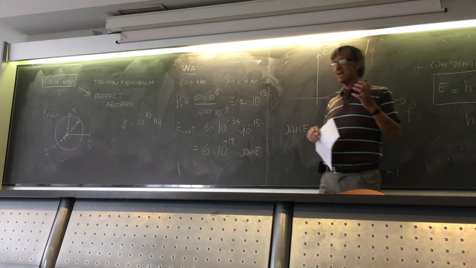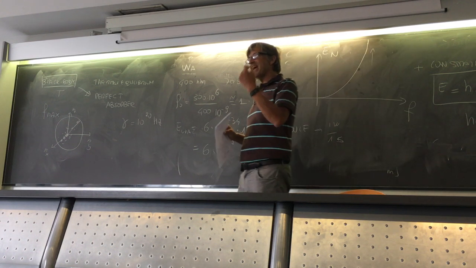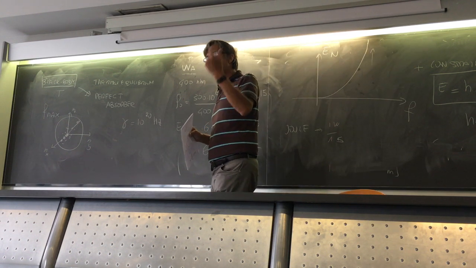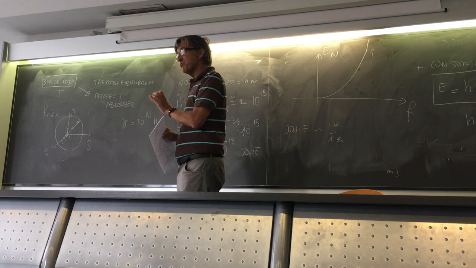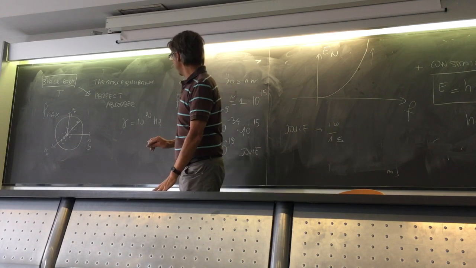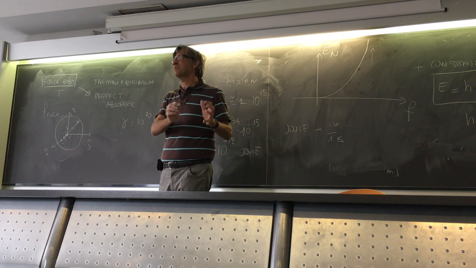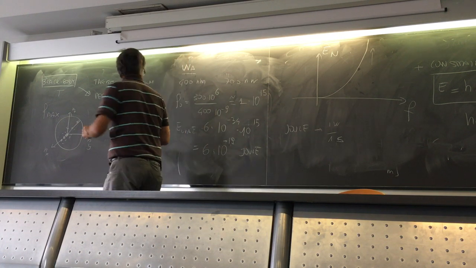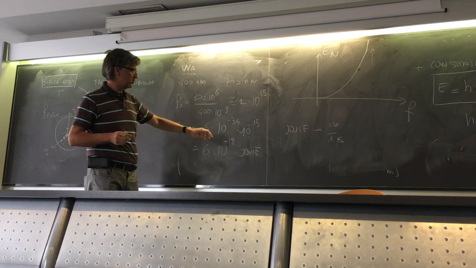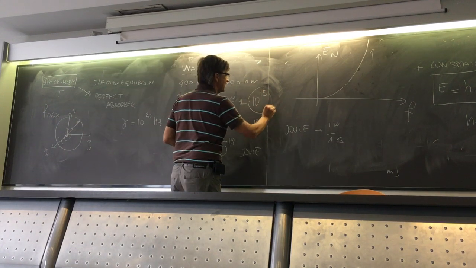Okay, 5 times, not 5 times, but 10 to the 5 is 100,000. So 1 photon in the gamma is 100,000 more energy than 1 photon in the UAV. And in any case, a photon is a UAV that has this frequency.